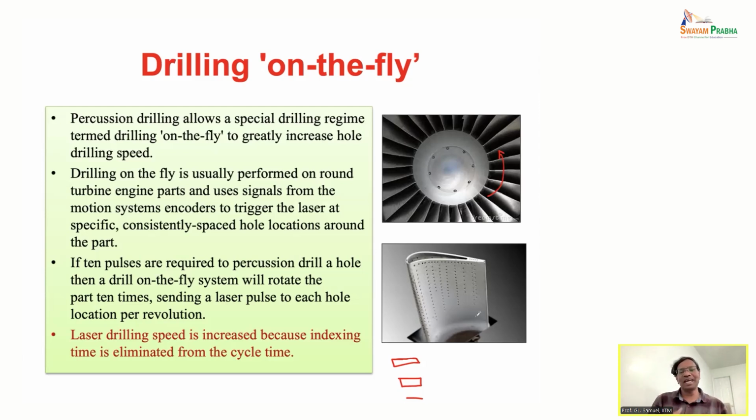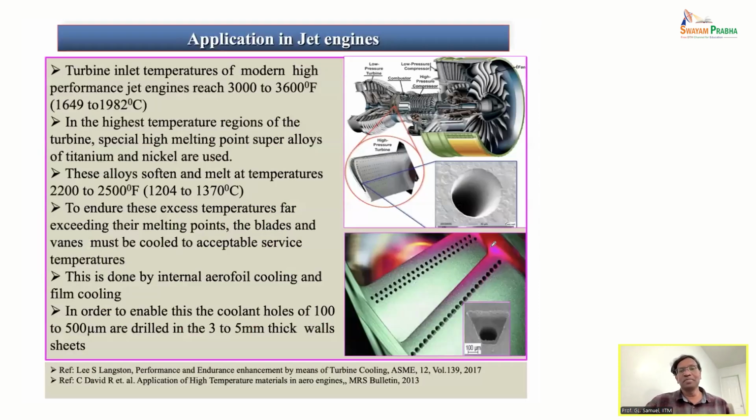So we are actually utilizing even the gap time. The blisk or the blade will be rotating, and the pulses will be put continuously, and we get the drilled holes with much greater efficiency. This is called drilling on the fly, because as if you are running around, but still the holes are being produced.